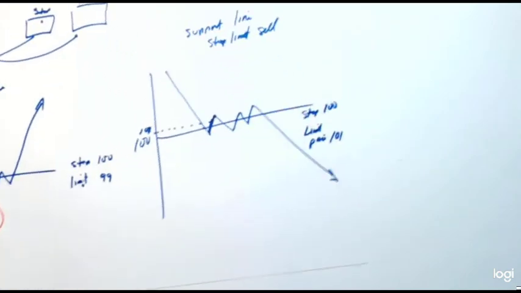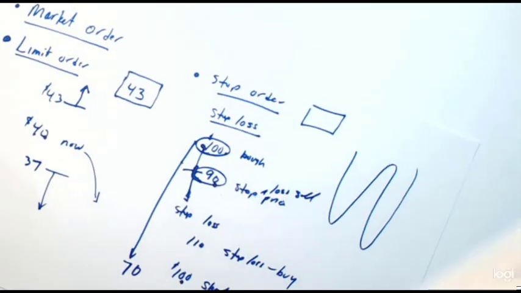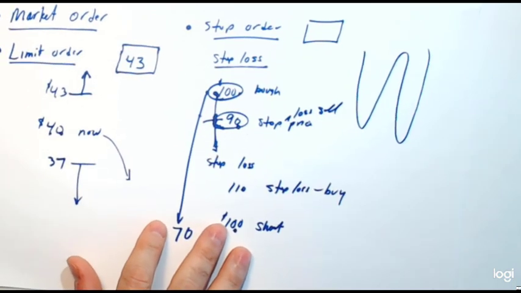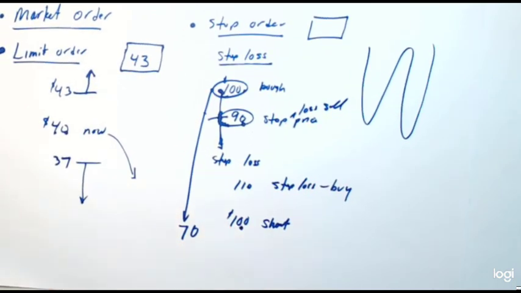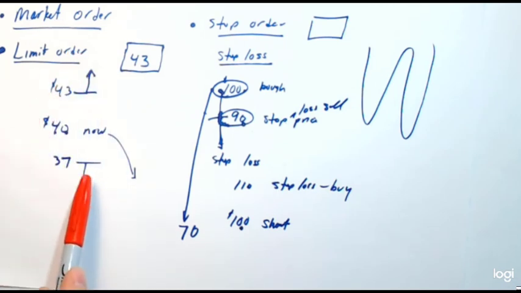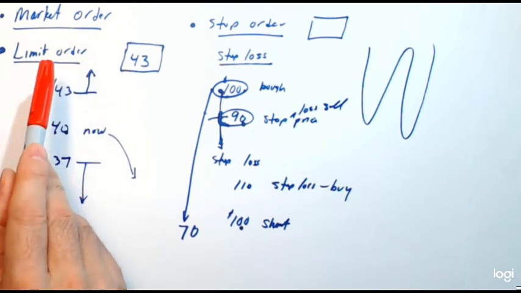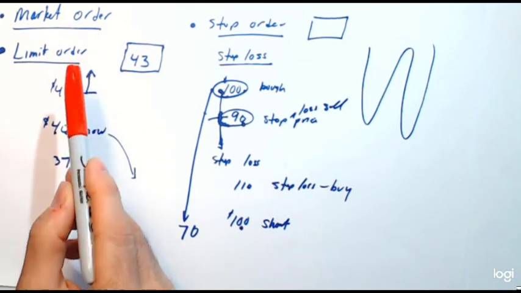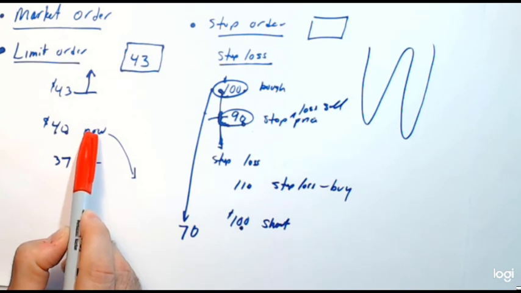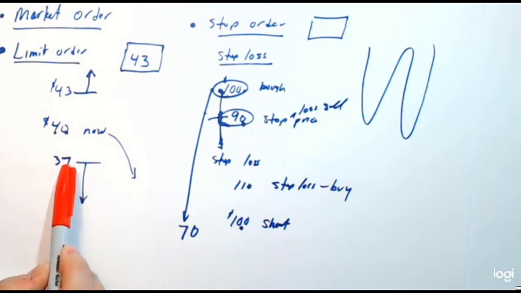So now, let me twist your mind just a little bit more with concepts that we've already looked at before, terminology-wise. I want to get at the concept of a marketable limit order. So here we have a limit order, and here's the example that I was showing you like 100 pages back in my notes. If the stock is at 40 now, we can put a limit buy at 37.